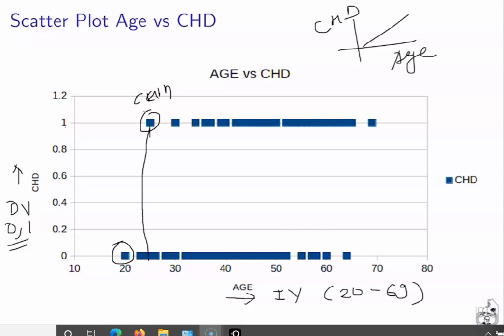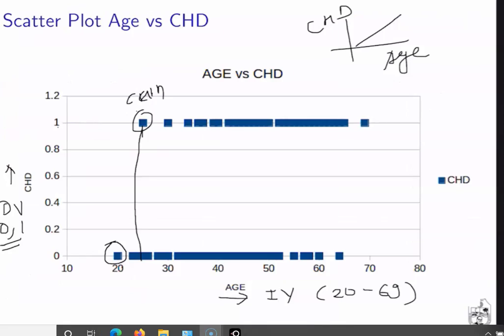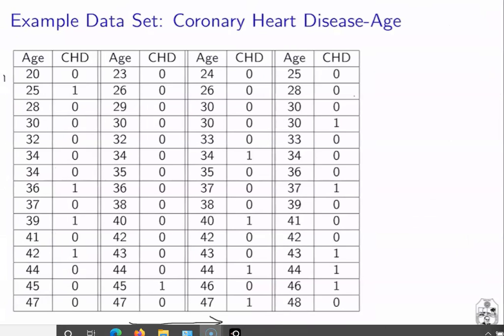So in order to establish the relationship between those, what I am going to do is group the age groups, like 20 to 29. How many entries are there in the range between 20 to 29? I think there are 10. So 20 is present here and 29 is present here.